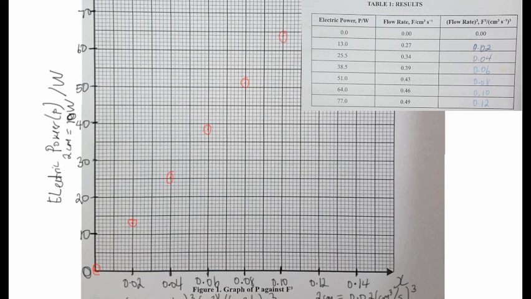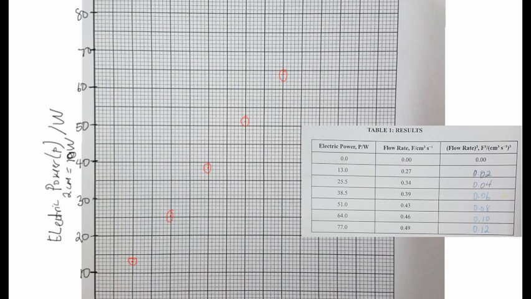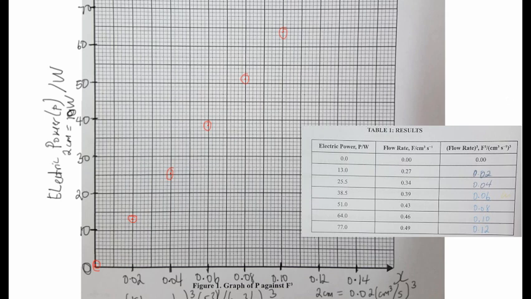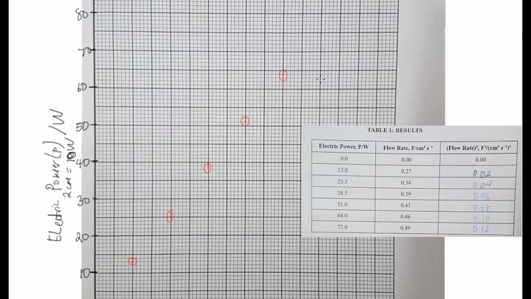And then finally I move over to 0.12, and that corresponds to 77. So 0.12 would be in this line, and 75 is right here, 76, 77. Alright, so those are my points.